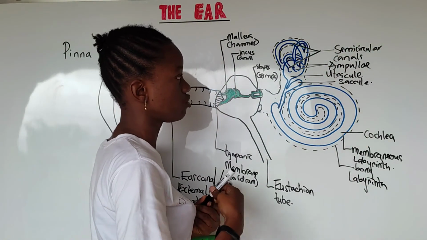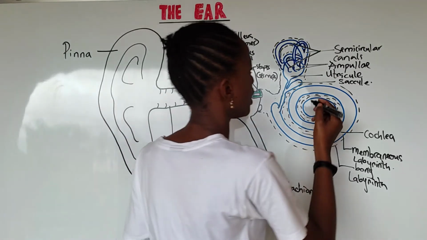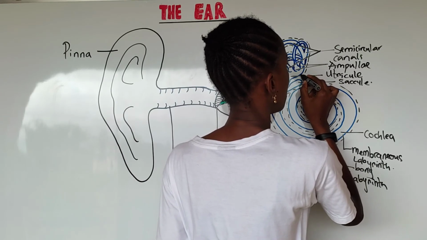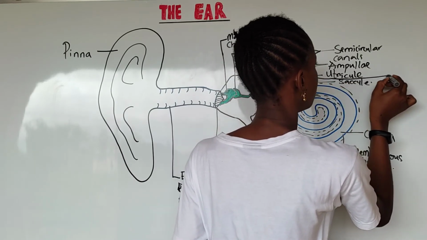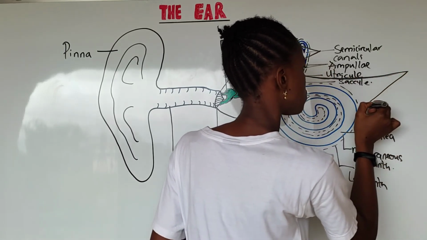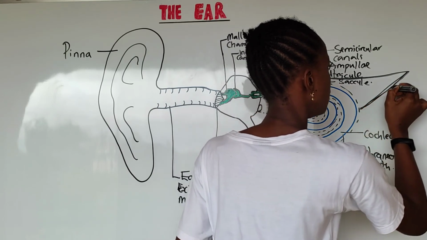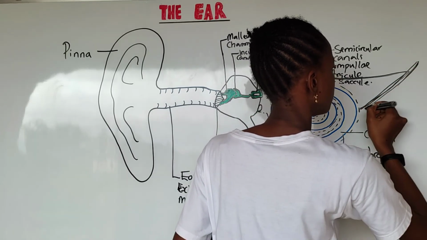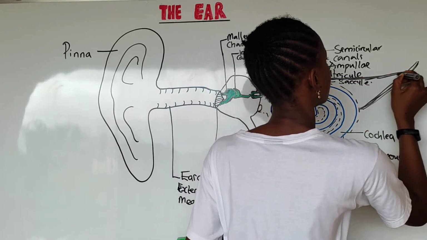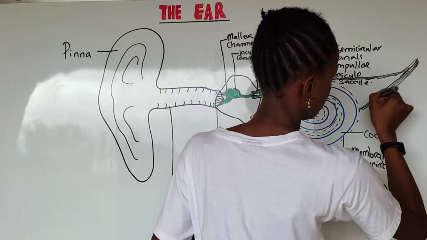Alright, so we are going to draw them now. And the two of them together are called the auditory nerves. So as you can see, these are nerves that are just drawn.